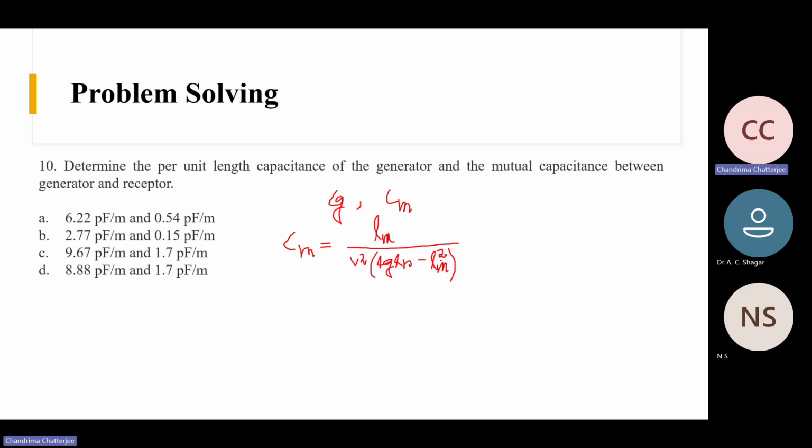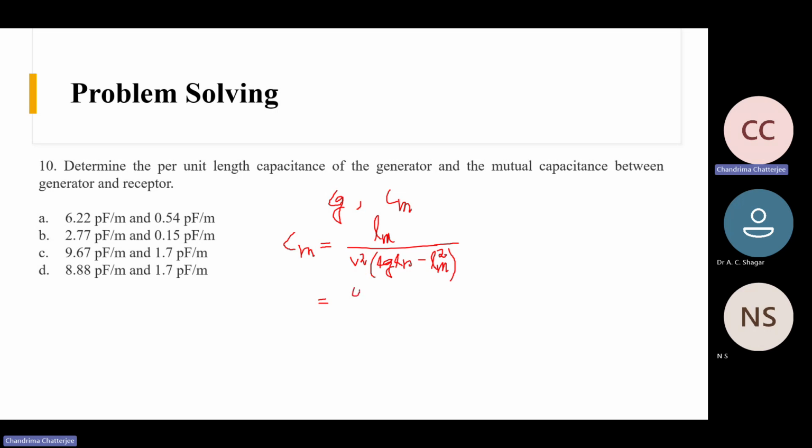LG value we know, LM value we also know. And what is V? V is the propagation velocity. So we will assume that this is for free space, so V is equal to the speed of light. So just put, what was LM?